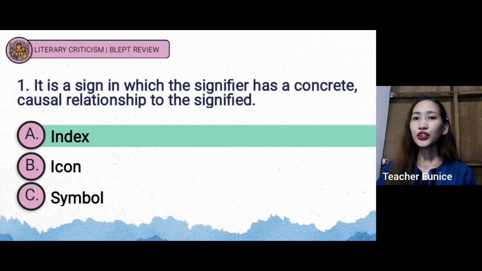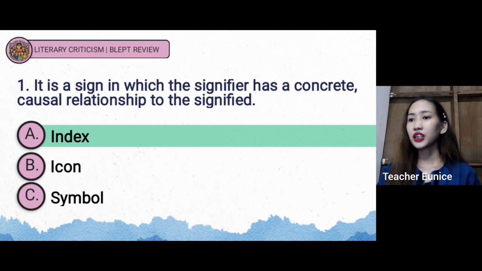So in cultural studies, there is what we call semiotics, which is concerned with the study of sign systems. So semiotics focuses on 3 aspects of the sign, which are the index, the icon, and the symbol.